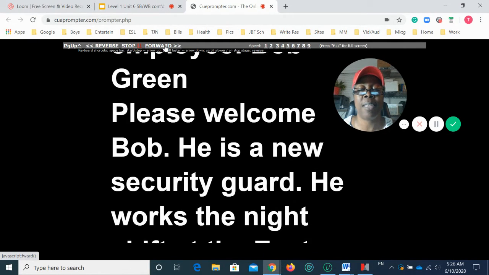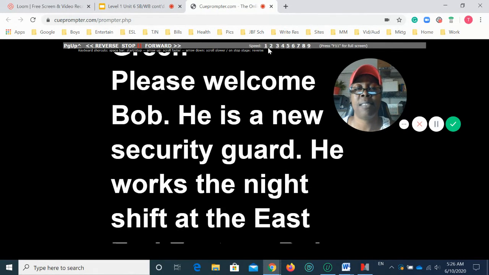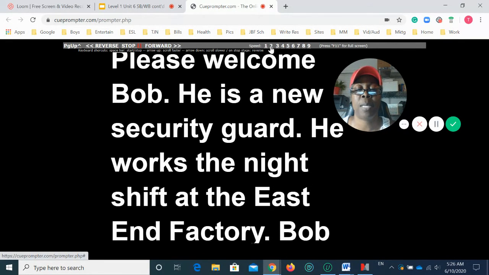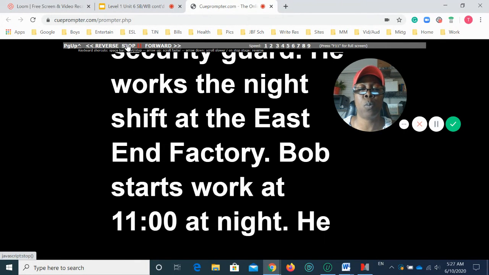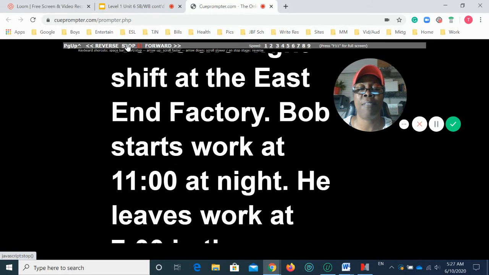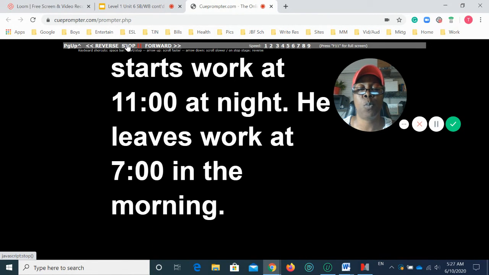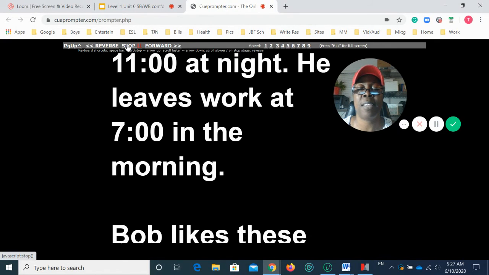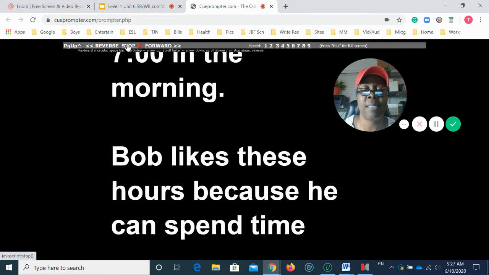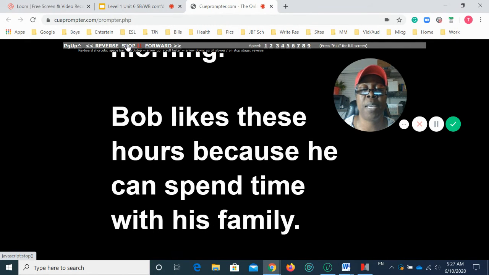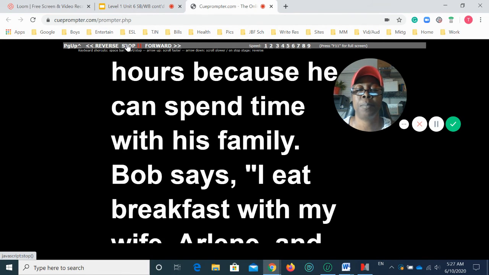He works the night shift at the East End factory. Bob starts work at 11 at night. He leaves work at 7 in the morning. Bob likes these hours because he can spend time with his family.